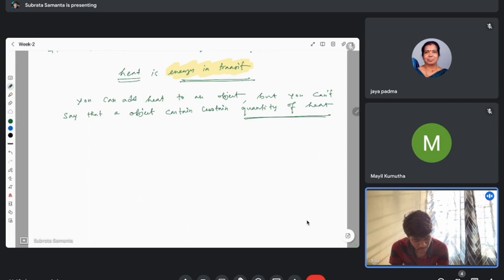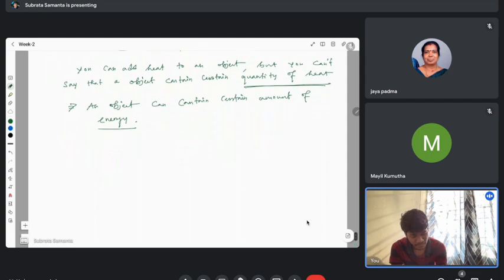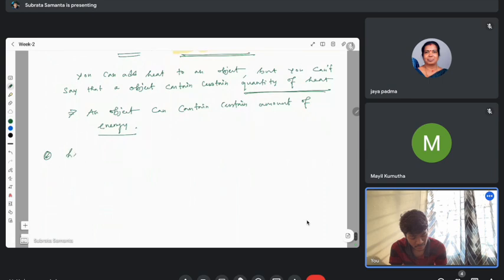An object can contain a certain amount of energy. So first we discussed what heat is, and then the heat capacity.